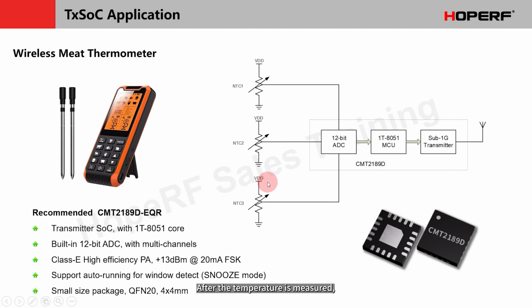After the temperature is measured, it is transmitted wirelessly. This scenario can use our CMT2189D. The chip integrates a multi-channel 12-bit ADC and can achieve multi-point temperature acquisition, then transmit via sub-1G. The corresponding receiver can display the information. If the receiver uses our receiving chip, such as CMT2219B, it can receive and display the content.